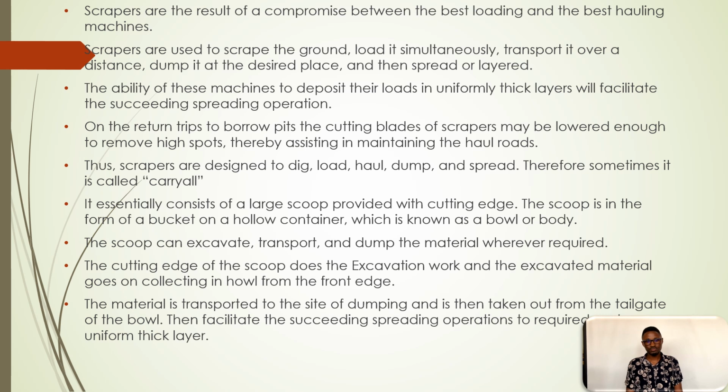The cutting edge of the scoop does the excavation work, and the excavated material goes on collecting in the bowl from the front edge. The material is transported to the site of dumping, and it is then taken out from the tailgate, which facilitates the succeeding spreading operation to the required uniform thick layer.